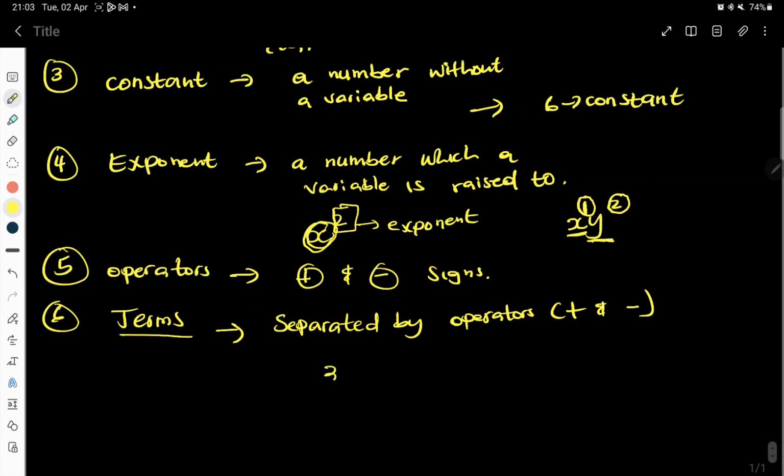For example, if we have 3x plus 2, to check your terms, this is a term, this is a term, because those two terms are separated by an operator, which is a plus sign. So it means we've got two terms.